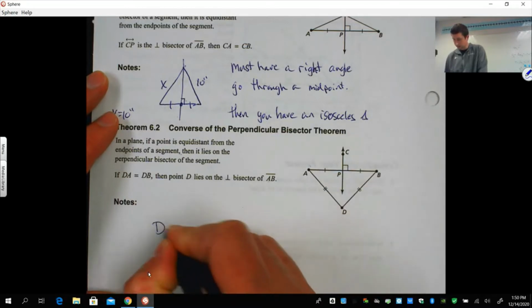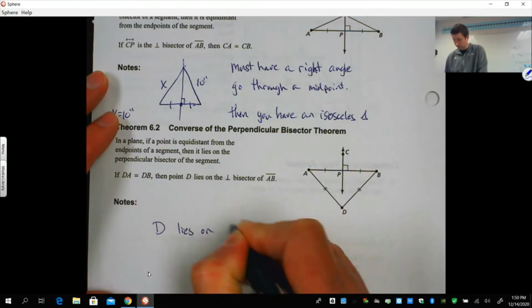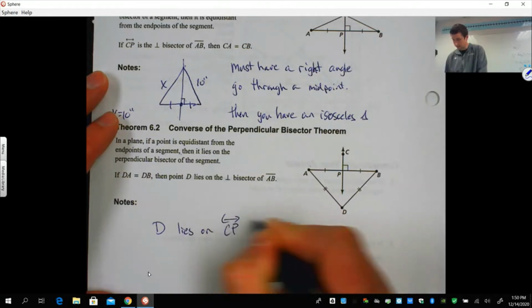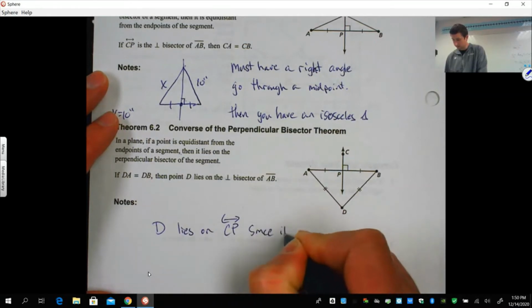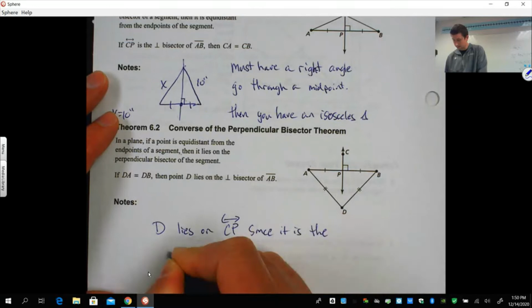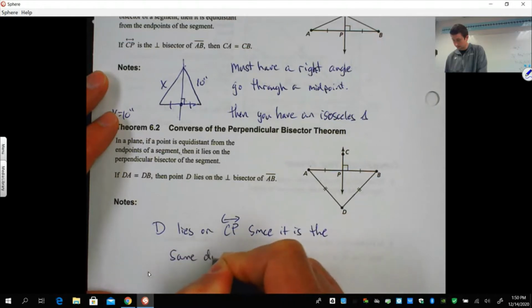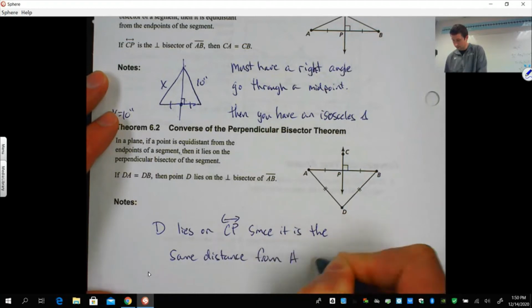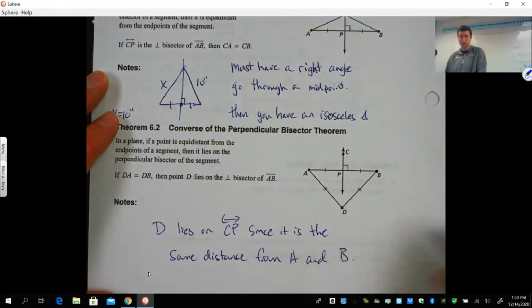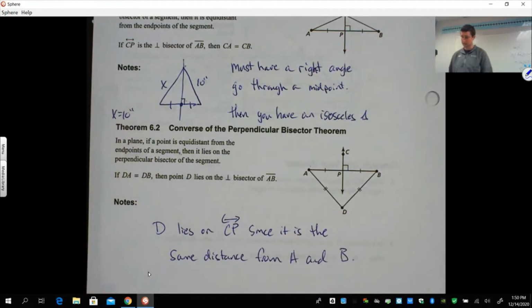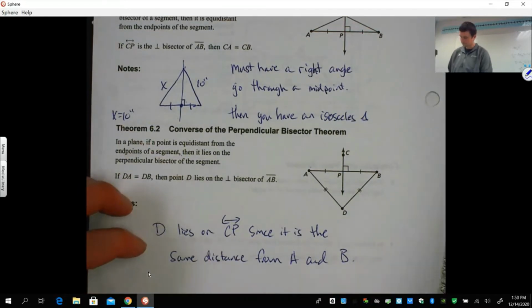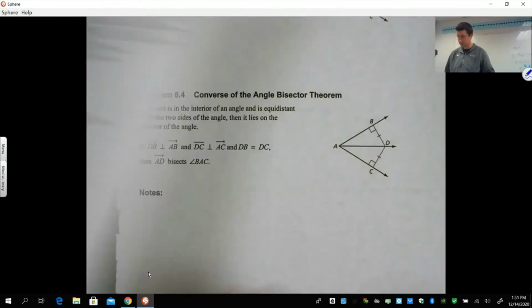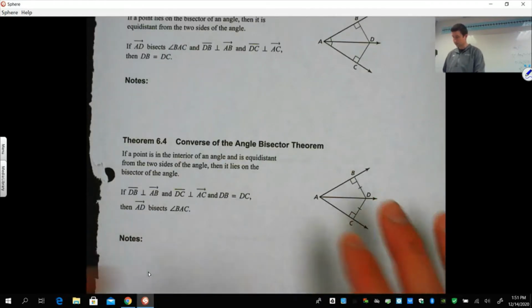So D lies on CP since it is the same distance from A and B. We could say it is equidistant from A and B. So that's our perpendicular bisector theorem. Our second set of theorems for today are called the angle bisector theorem.